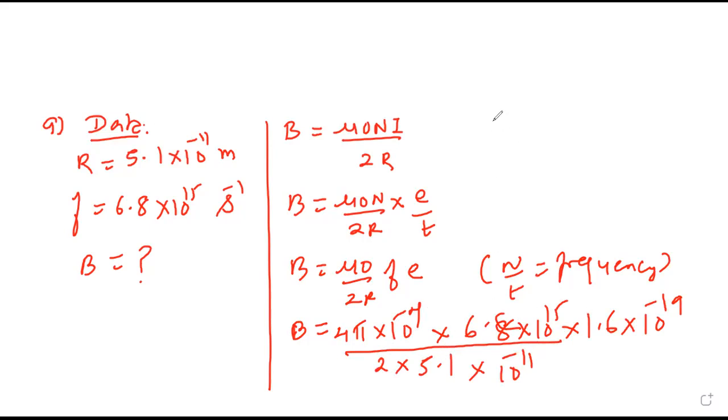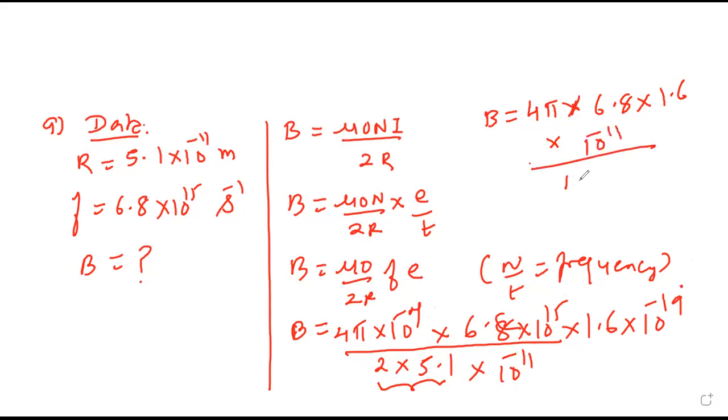Now if I simplify this, I get the answer. 2 into 5.10, can we take roughly 10? Yeah. So 4 pi into 6.8 into 1.6, into 10 raised to minus 19 plus 15 is minus 4, minus 4 minus 7 minus 11, upon nearly 10 into 10 raised to minus 7.